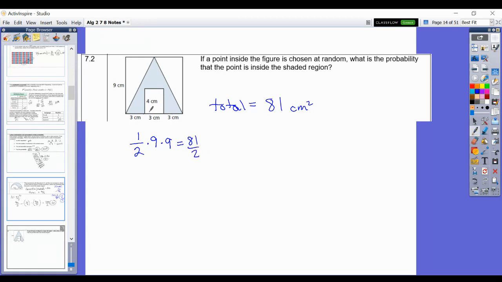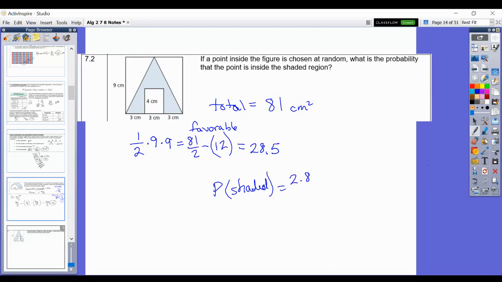That would be the triangle, but we don't want the door, or whatever that thing is, so we need to subtract. It's 4 by 3, so we need to subtract 12. So 81 over 2 minus 12 is the favorable part, and we can turn that into a decimal for easier use, 28.5. So the probability of the shaded region is 28.5.